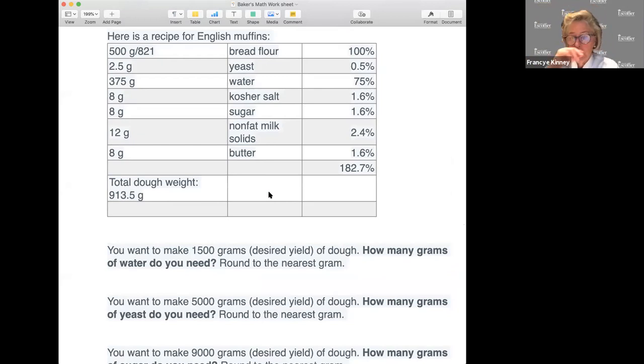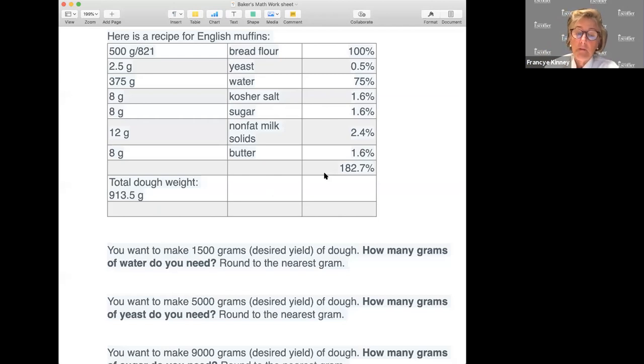Sometimes it's a little intimidating at first, but you will never be given the percentages without one of two pieces of information: either the desired yield or the flour amount that you're supposed to use.